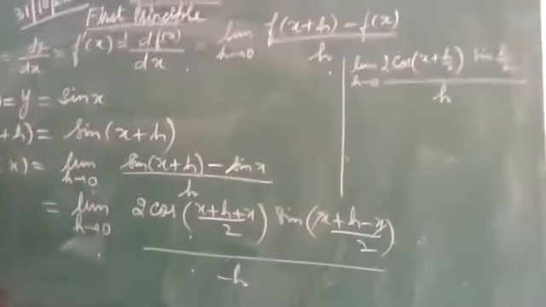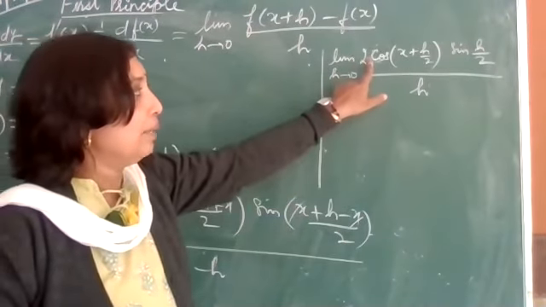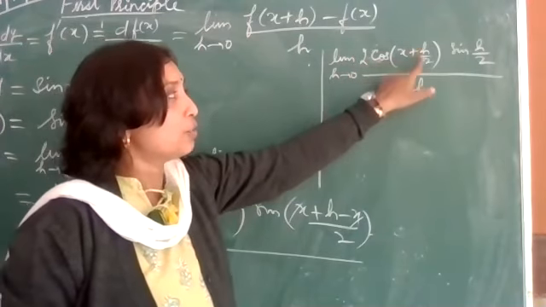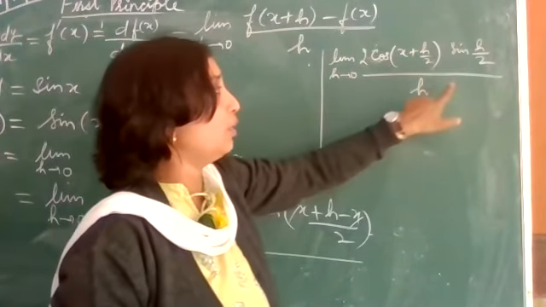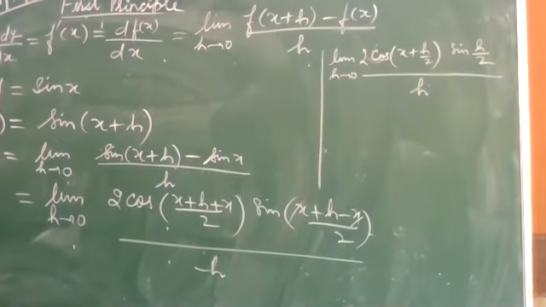Yes. Now what we can do here? We have got limit 2 cos(x + h/2) sin(h/2) upon h. If we look at the limit, what do we see from here? We have learned something in limits. कुछ फायदा नहीं पढ़ाने का. mn की फॉर्म में वही तो पढ़ाया था लिमिट में.